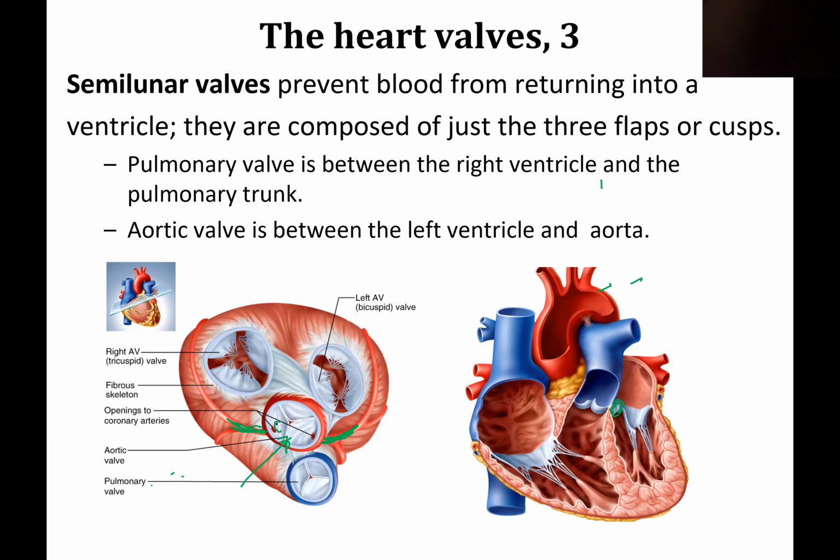And so the openings are right after the valve. So semilunar valves, again, work by pressure. When the pressure is high in the ventricle, the valve opens. When the pressure drops, then it's going to close.